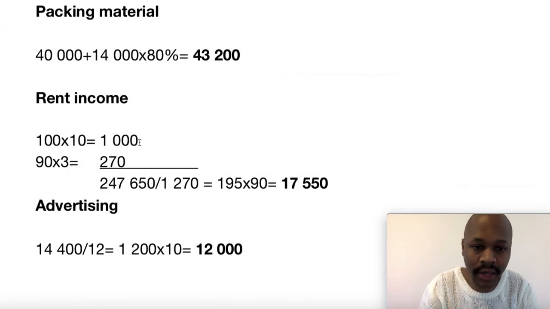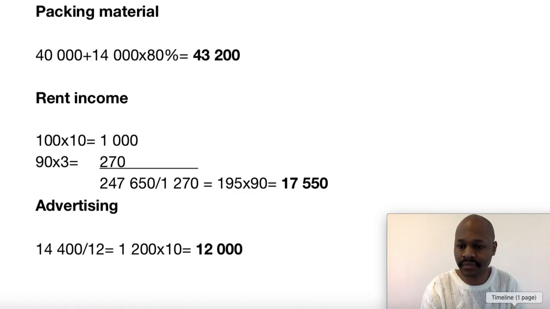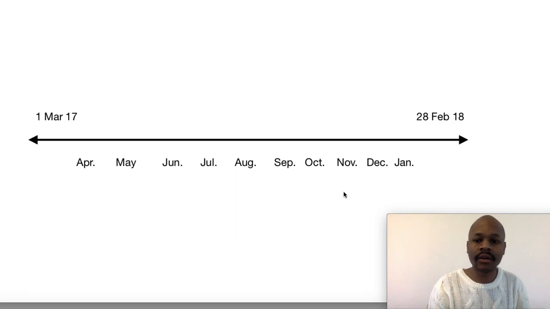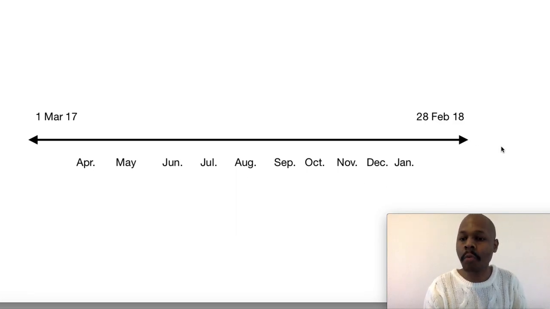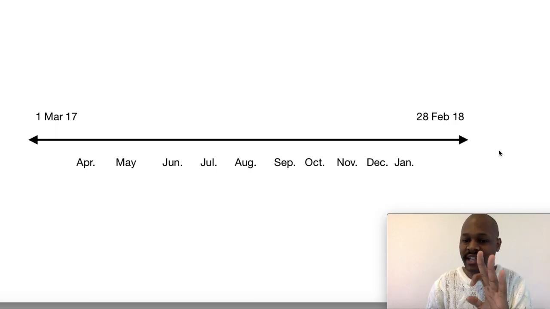There, 1000. And then the next step is you received 90%, or 10% less. So that amounts to 90. For how many months? Let's go to our timeline. From January to March. So it's January, February, and March. 3 months.